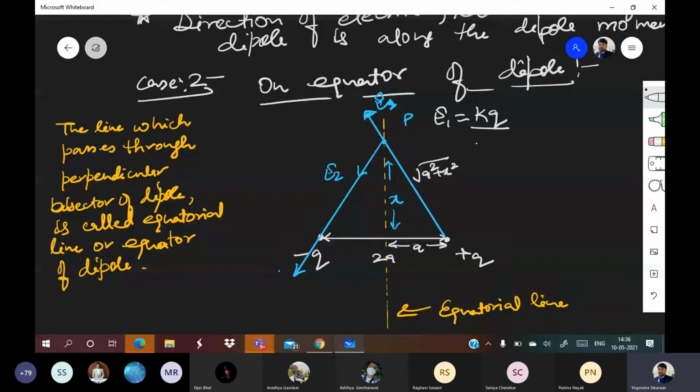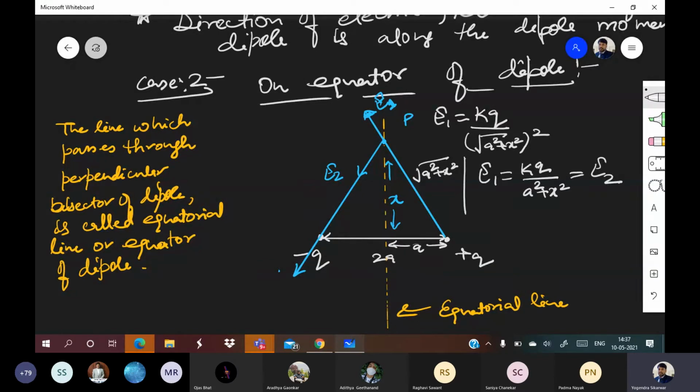So E1 is equal to KQ upon under the root of A square plus x square whole square, and that gives us E1 is equal to KQ upon A square plus x square, and that is also the value of E2 magnitude wise.